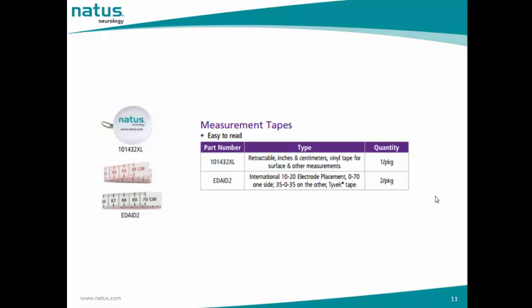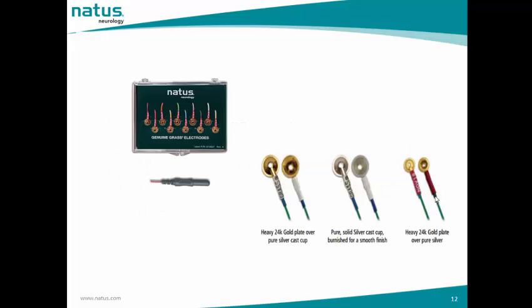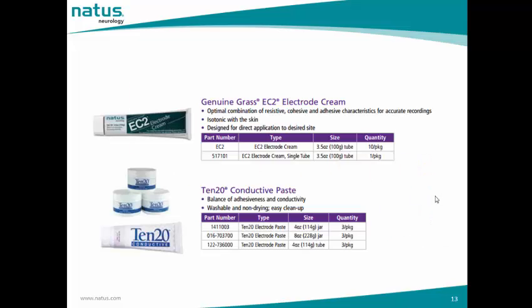Measurement tapes, cup electrodes that can transfer the signal from the skin to the amplifier, conductive paste, and in this slide there are different types of conductive paste that you can choose from.